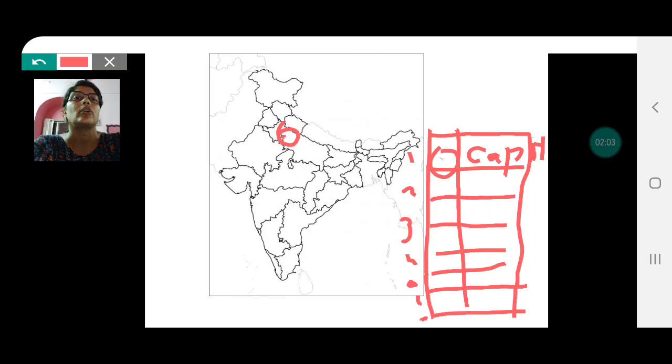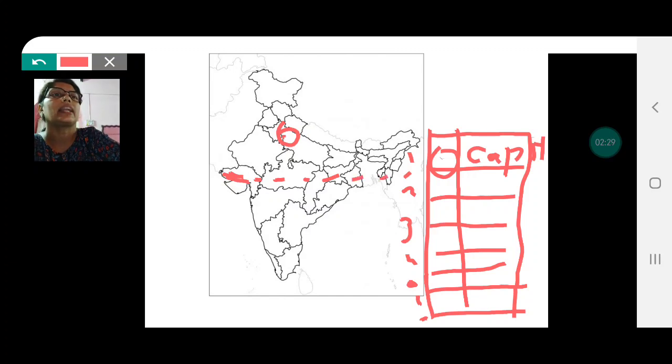Second is Tropic of Cancer. Now when we show Tropic of Cancer, remember, because of Earth being a sphere, we cannot show a straight line. So we always show it like when you cut an orange, or a ball, you'll always find a semicircle. And therefore our 23.5 degree starts like this, and you show it with dotted lines.